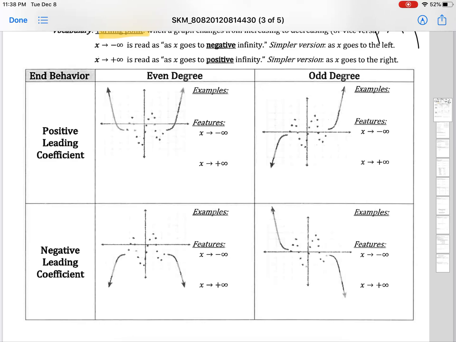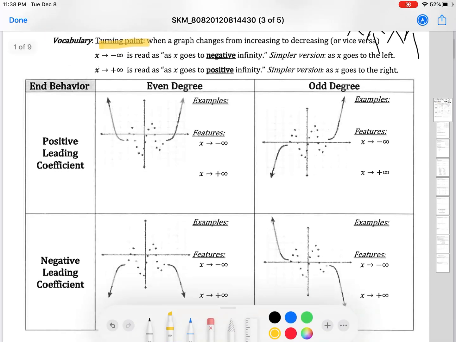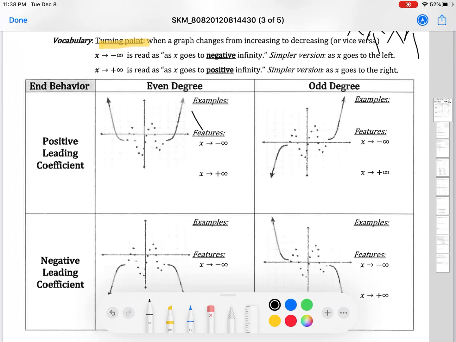So here's something that we've really seen, kind of simplifying this, right? An even degree, something that we've seen before. Right, this would be like a positive x squared, right? So we've seen that before. This end behavior, what happens is, if we think back just to a regular x squared graph, on the far left, right here, and on the far right, every single time it went up and up, all right?